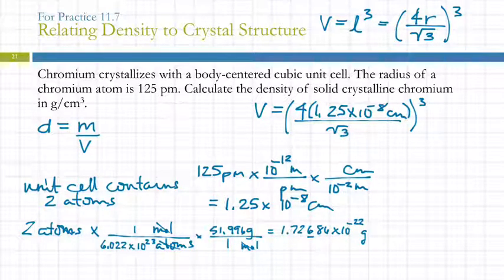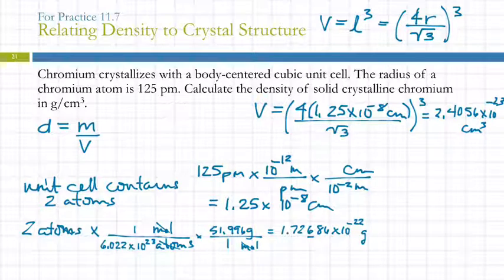And then raise that to the 3rd power. I'm getting 2.4056 times 10 to the minus 23rd cubic centimeters.